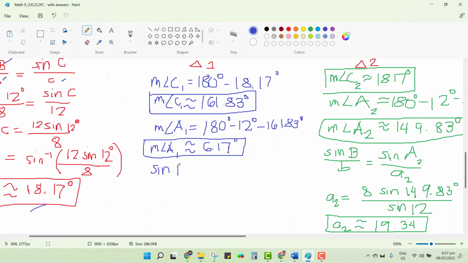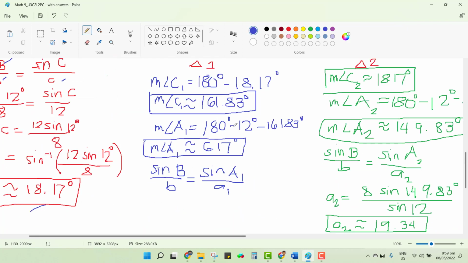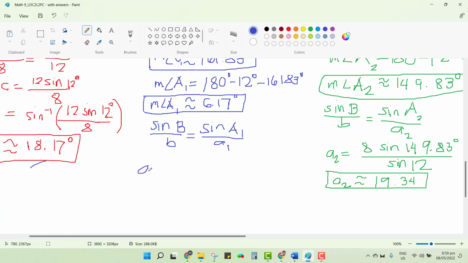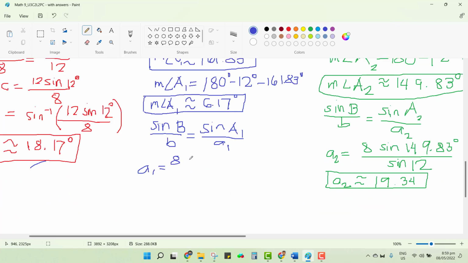You have sine B over B, so you have sine A1 over small letter A1 to get the side of the first triangle, which is here, the smaller oblique triangle. Applying the same concept, A sub 1 is equal to the value of your B, which is 8, times sine angle A, which is 6.17 degrees, all over sine B, which is 12 degrees.